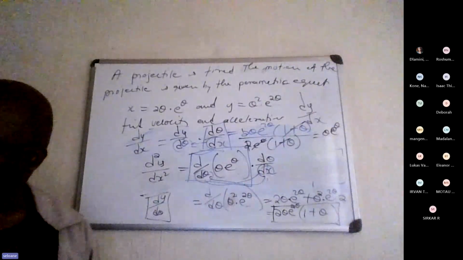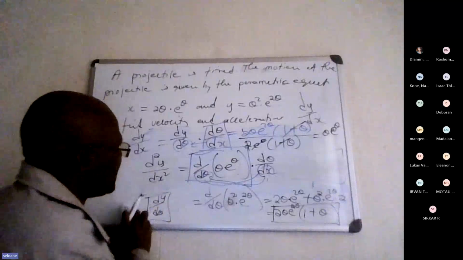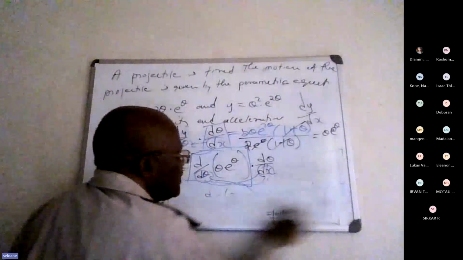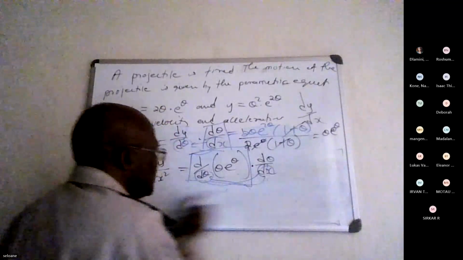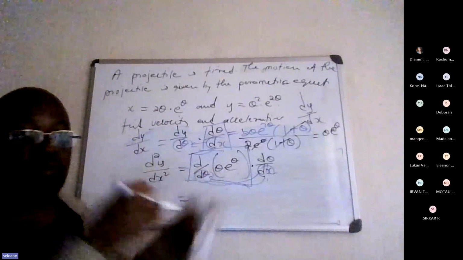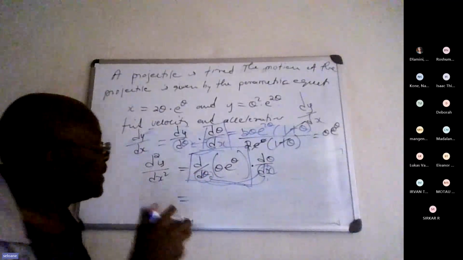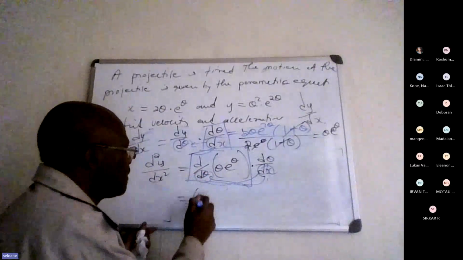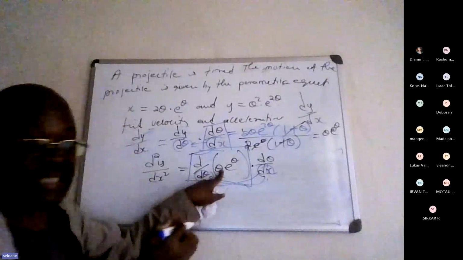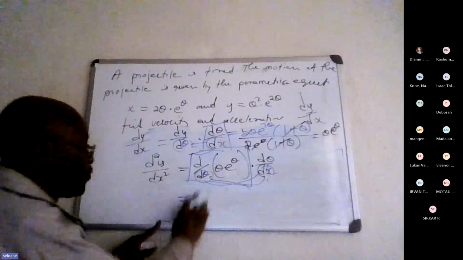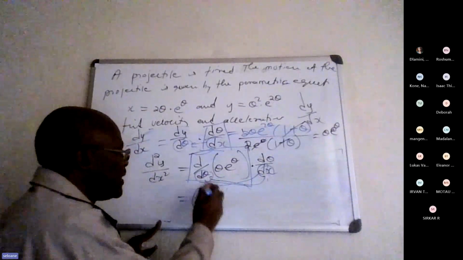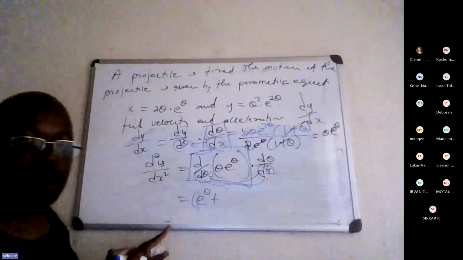So then this becomes, let me just take this out. Then this is the product rule, as we have said, straightforward. It will now be 1. The derivative of theta is 1. We don't even have to write it. Then it will be e exponent theta plus what now?